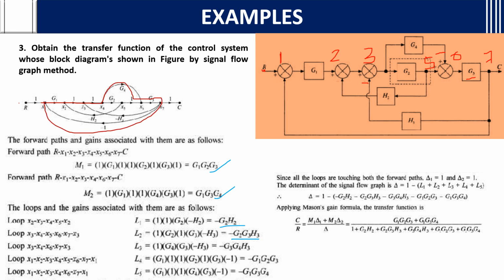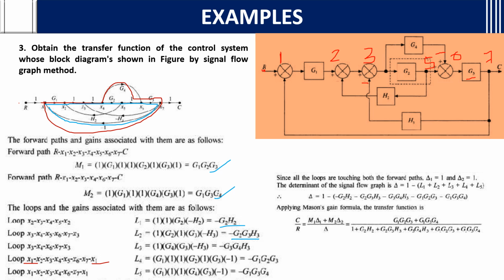So x1 is the starting point, and in between there is one loop. Again you have one more loop: x1, x2, x3, x4, x6, x7. In this way you have one more loop.